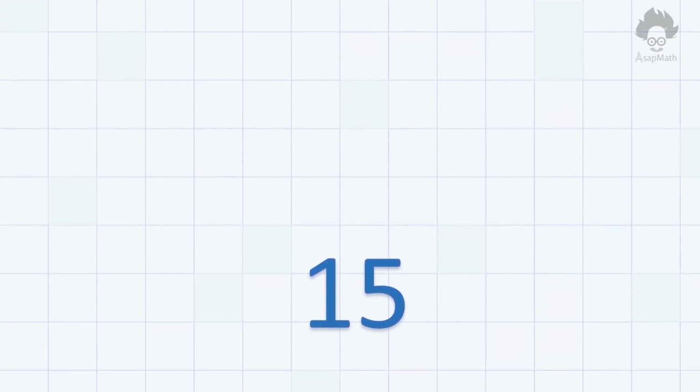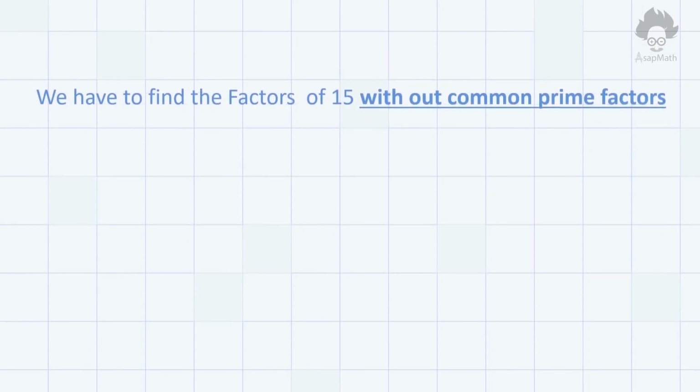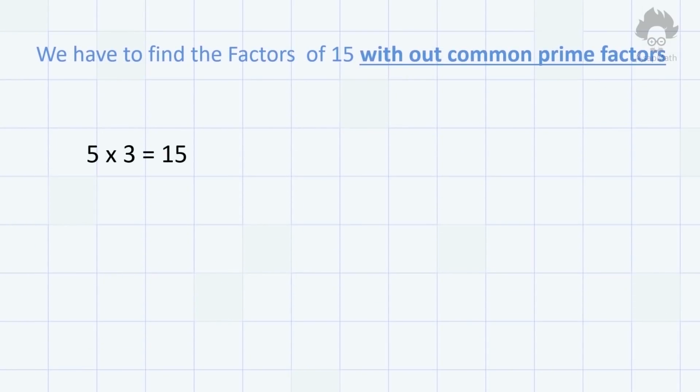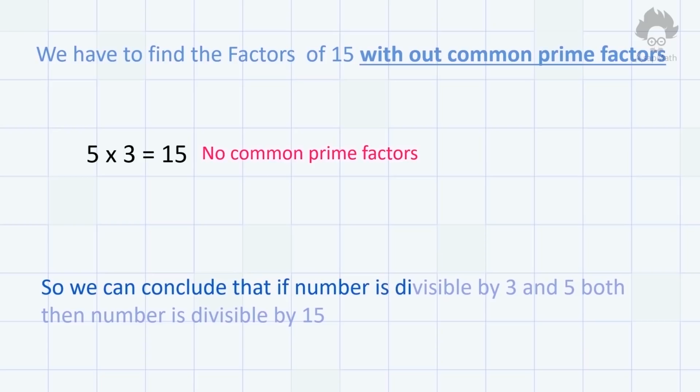Moving on to 15. Here the factors to be considered are 5 and 3. So if a number is divisible by both 3 and 5, then it is divisible by 15. It is divisible by 5 and it is divisible by 3.